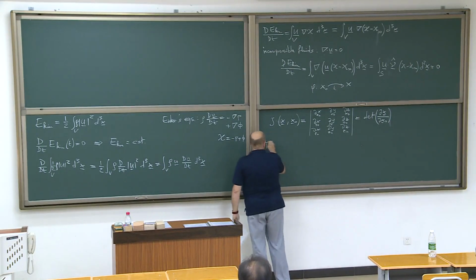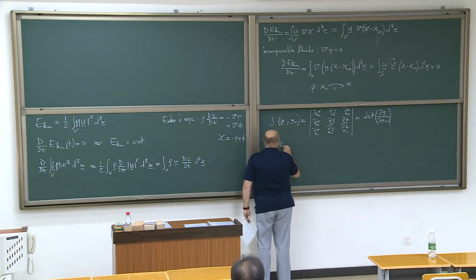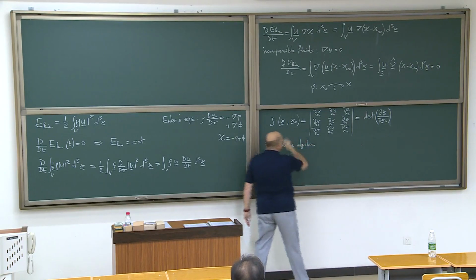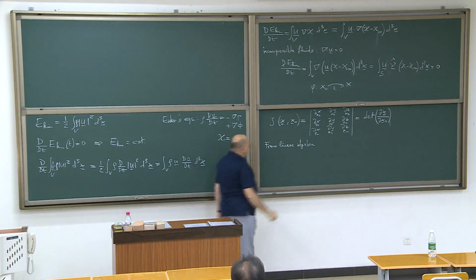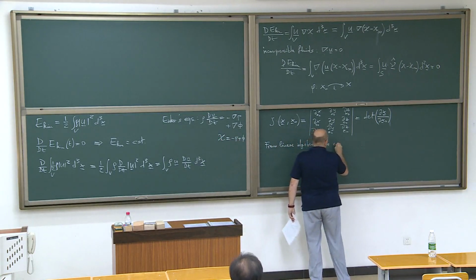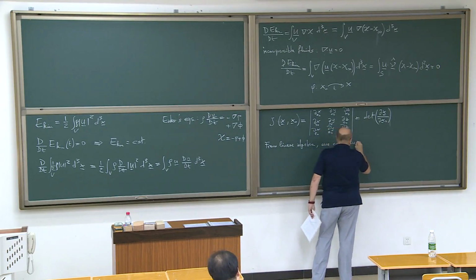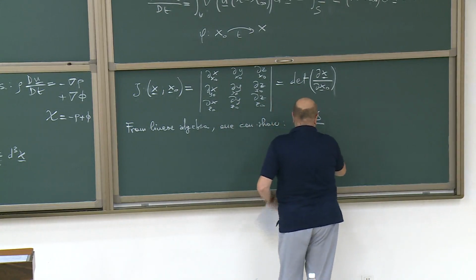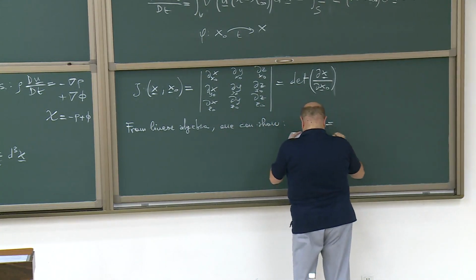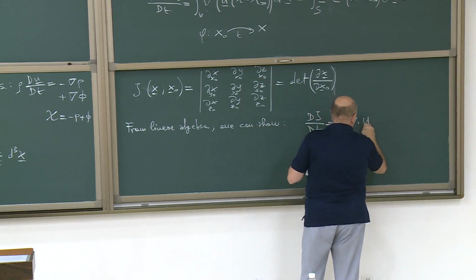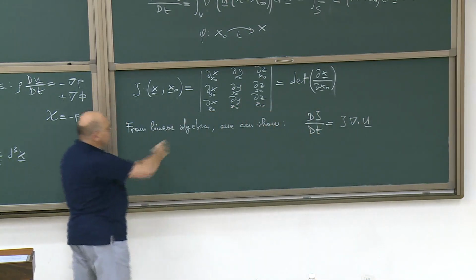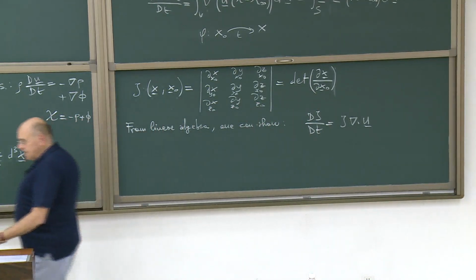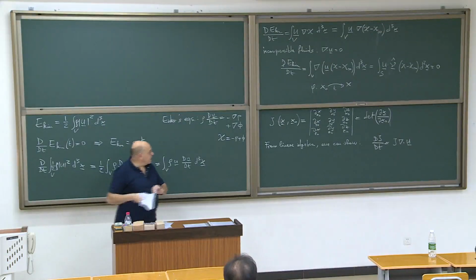From linear algebra, this is just an exercise of doing derivatives inside this matrix. One can show that we have the following: dJ/dt is equal to J div u. You just apply derivatives inside here and you construct your equation. This is purely algebra.